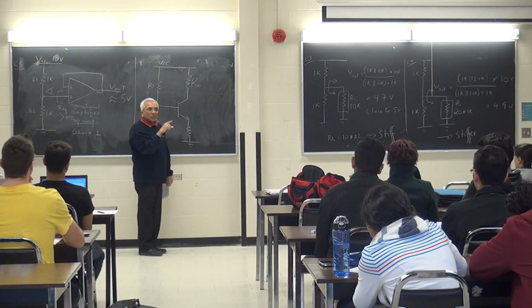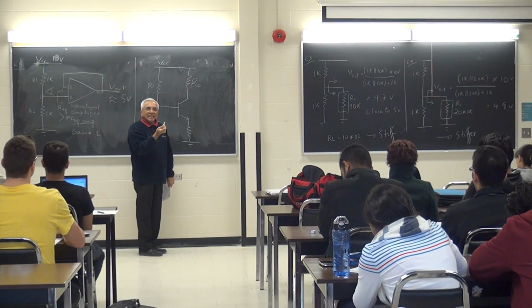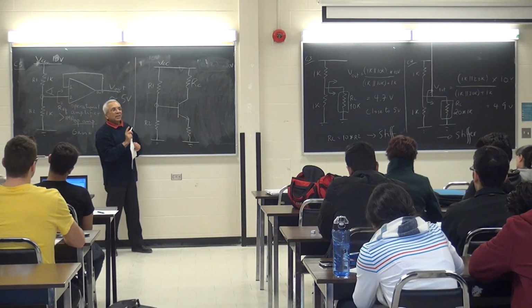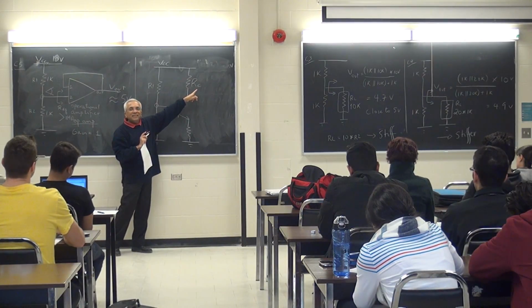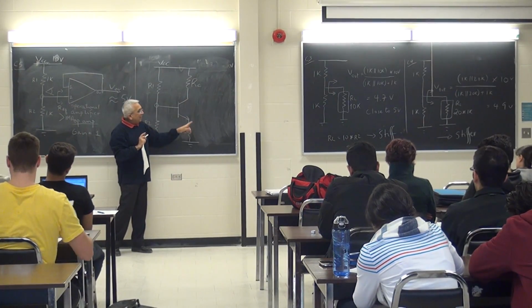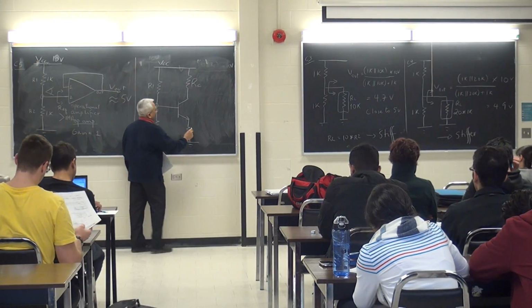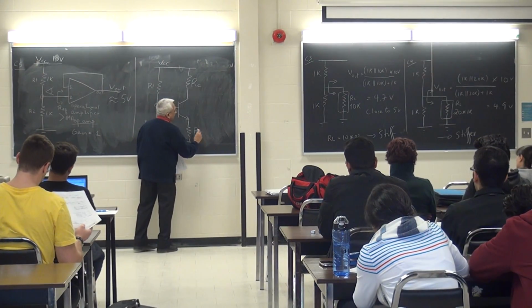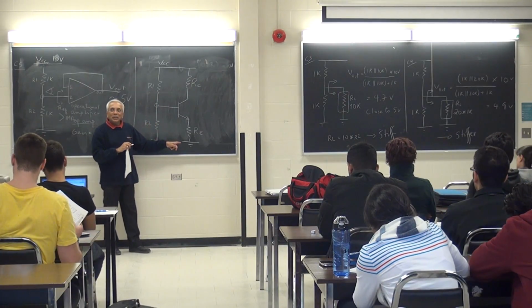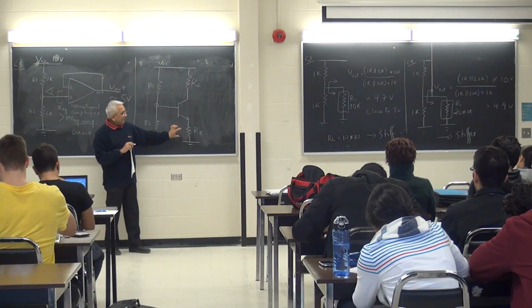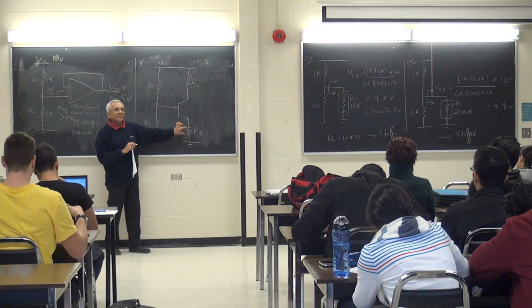RC is the resistor that is connected to, what does the C stand for? The collector. This is something new. I have a resistor which is labeled RE, which is connected to the emitter. This is the thing that does the trick.